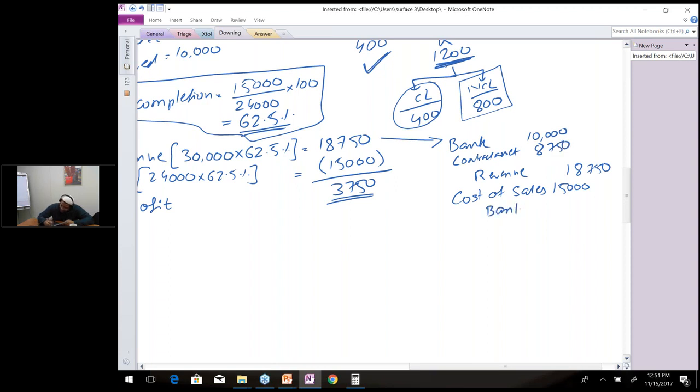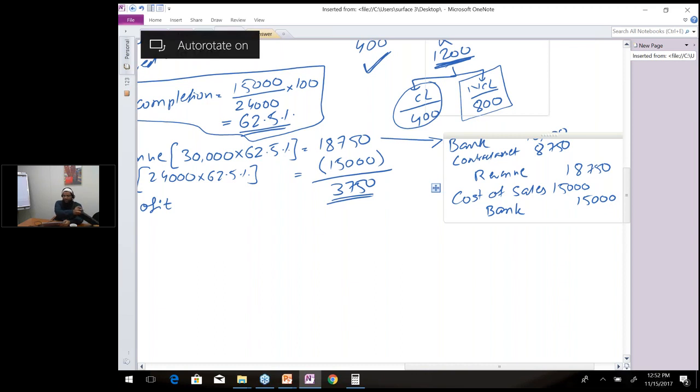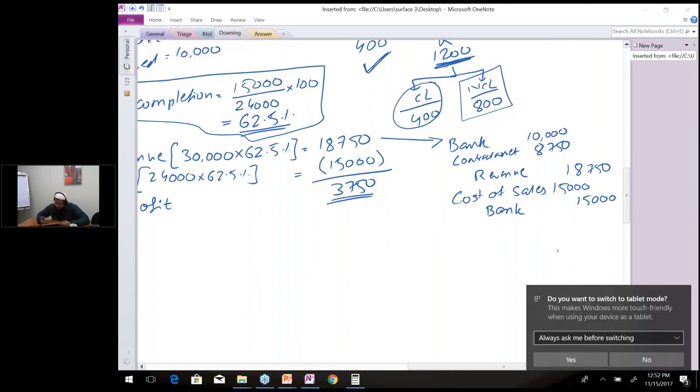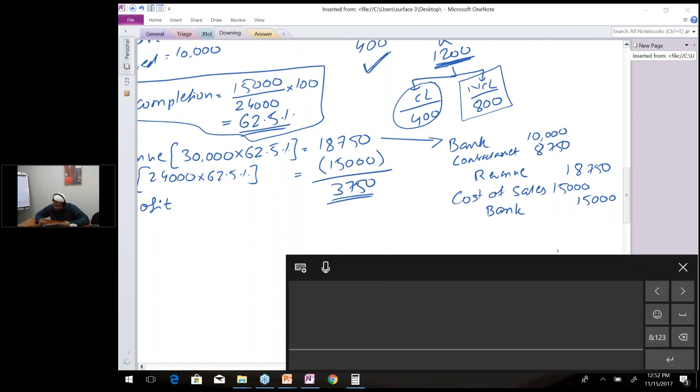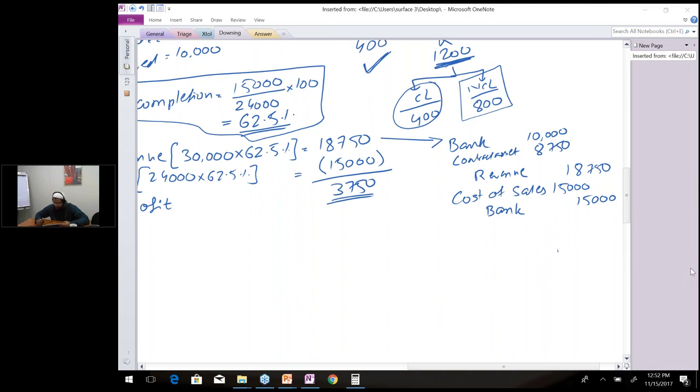And the entry to record the cost of sales is going to be bank credit by 15,000, the amount that we have already paid, and the cost of sales debit by 15,000. So this is the entry that should be prepared.